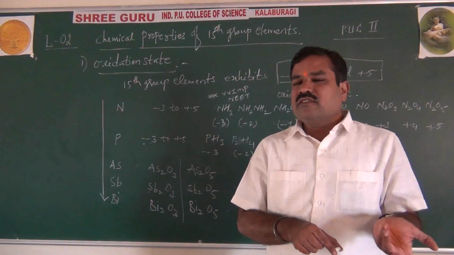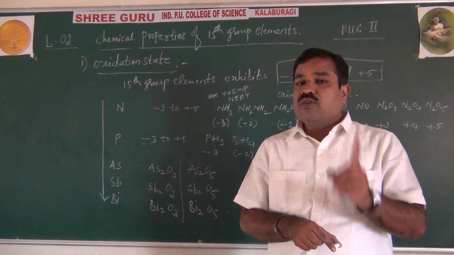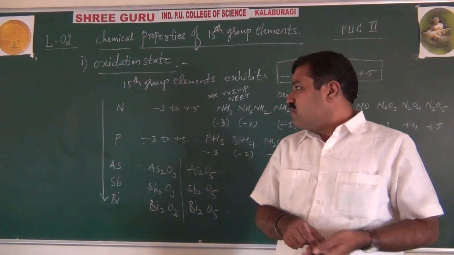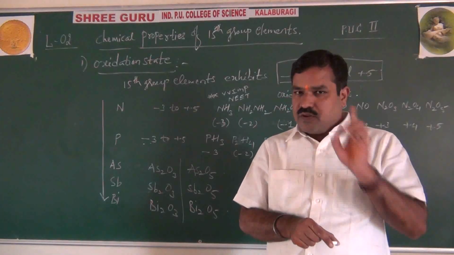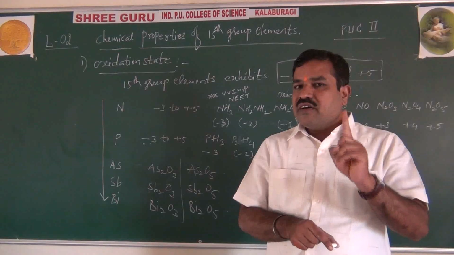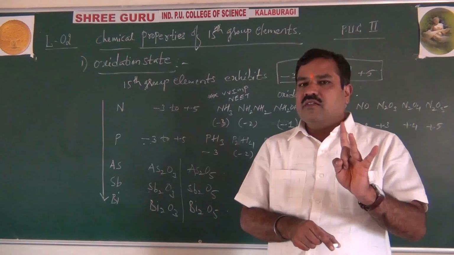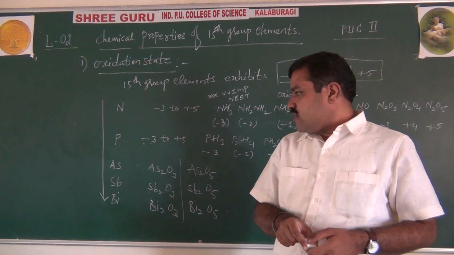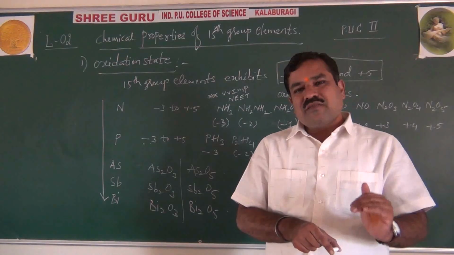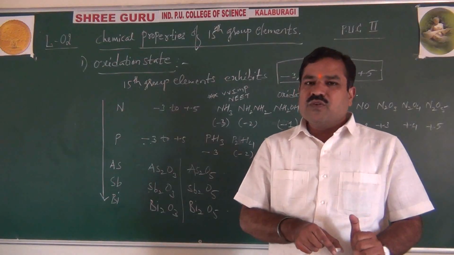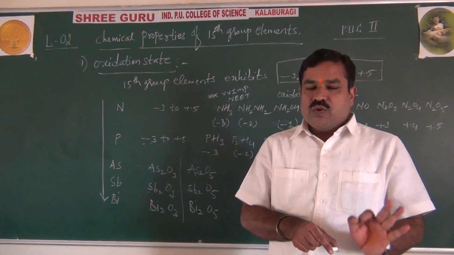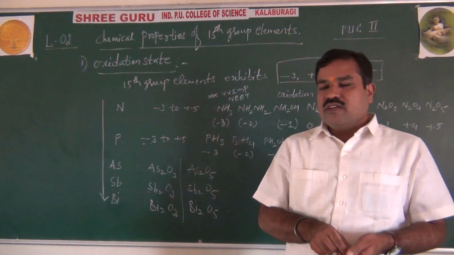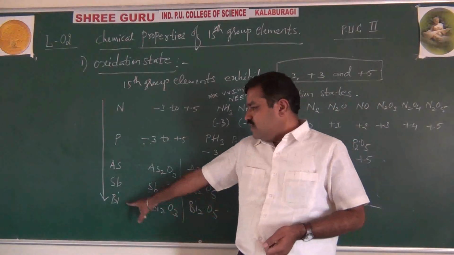Why? Because they do not exhibit one of the important properties I just told you, the inert pair effect. For nitrogen and phosphorus, the +5 oxidation state becomes stable. But for arsenic, antimony and bismuth, the +3 oxidation state becomes stable, due to the inert pair effect. The most inert pair effect is exhibited by bismuth.